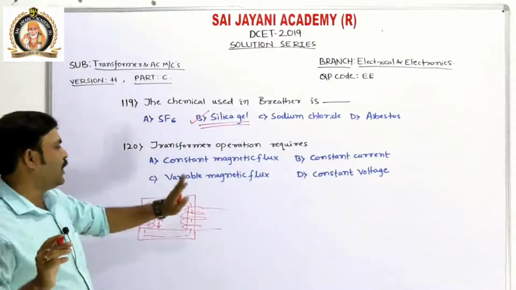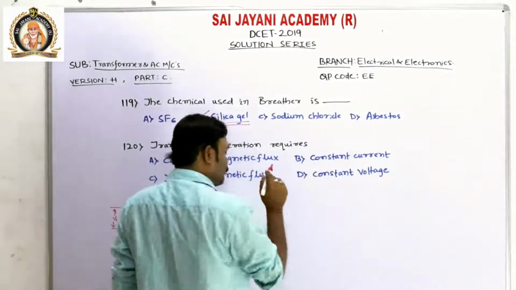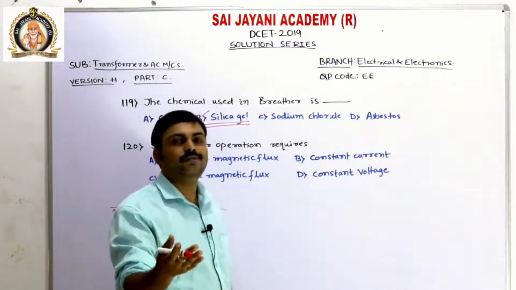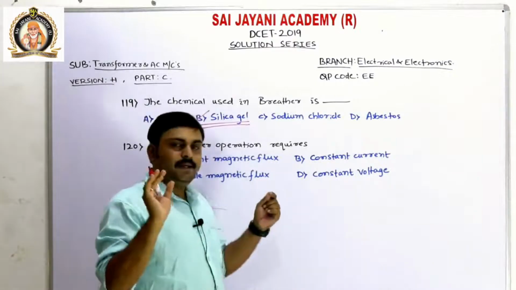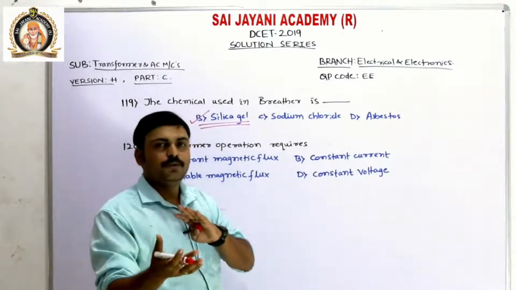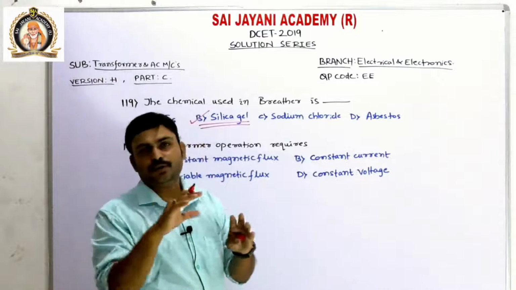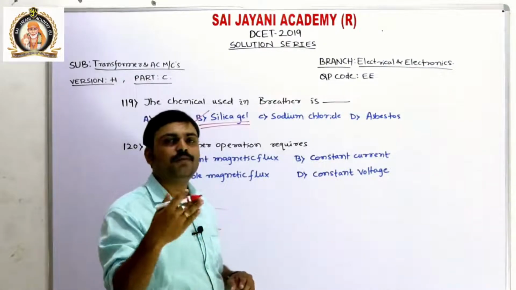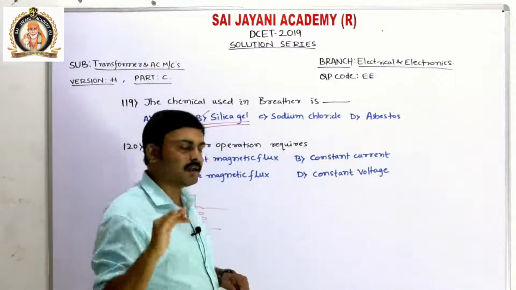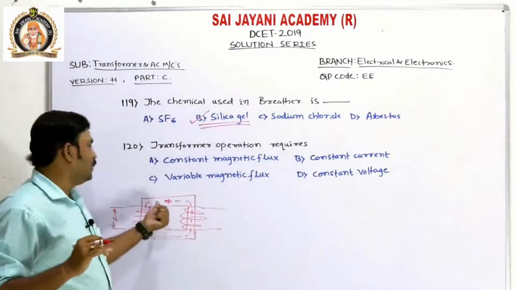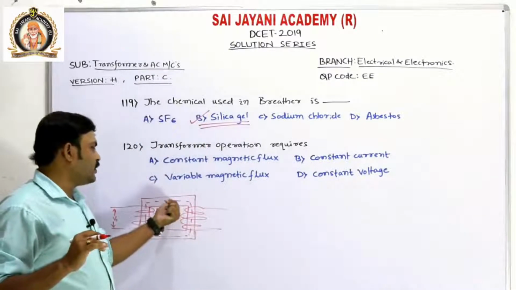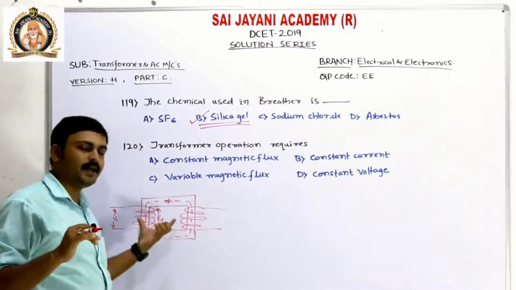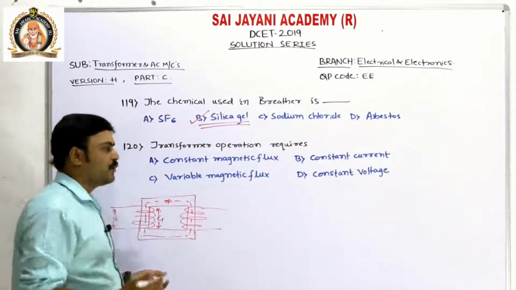According to Faraday's law, for the induction of EMF, either the magnetic field must change or the conductor should be displaced. There should be a relative motion between the magnetic flux and the conductor. But here the flux changes, but the conductor is constant. Hence it is called statically induced EMF.